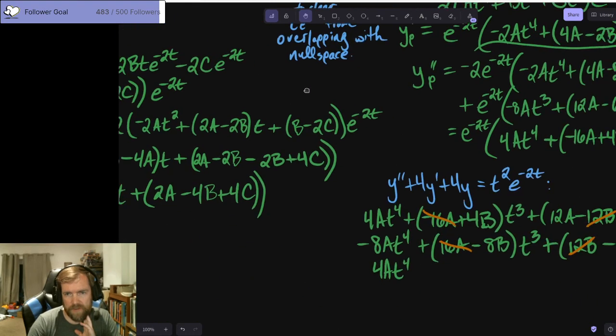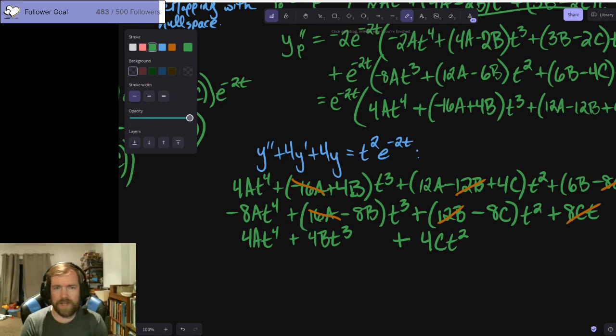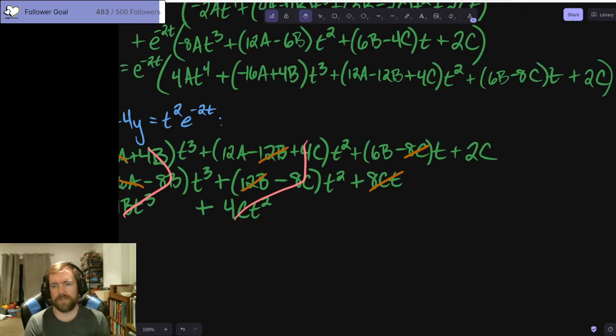4b t to the 3rd plus 4c t squared. Then that summation, once we actually get rid of all of those together, all of those together, and all of those together are gone, we still have stuff left over.